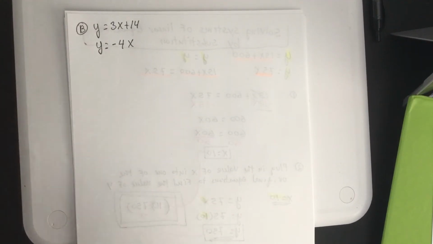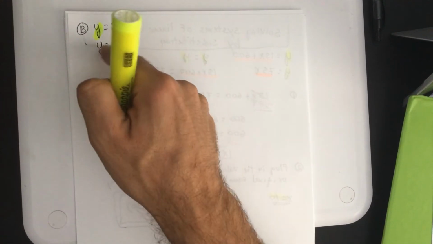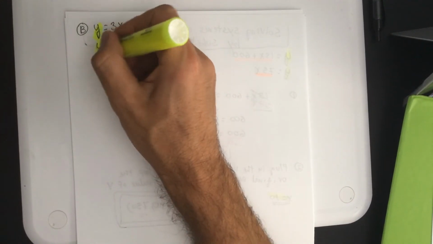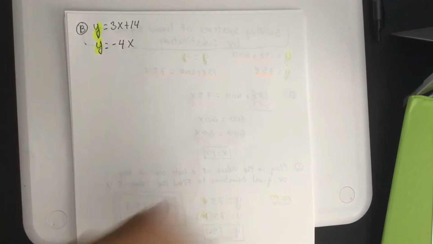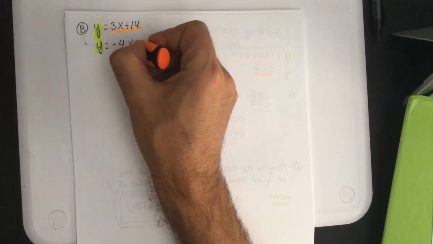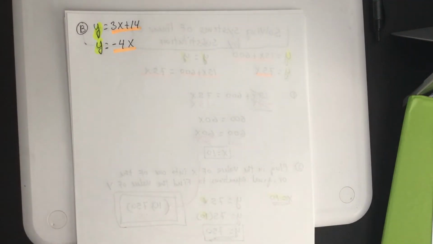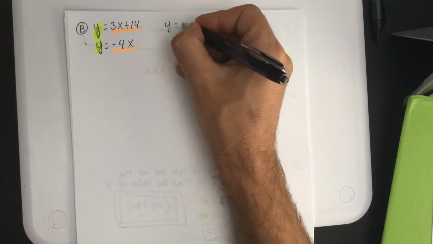All right, so let's go over this. We know that y is equal to 3x plus 14, but also y is equal to negative 4x, and obviously y is equal to y. So that means that these two, 3x plus 14, is also equal to negative 4x. We know that y is equal to y.